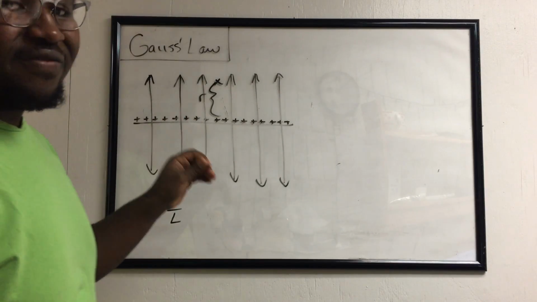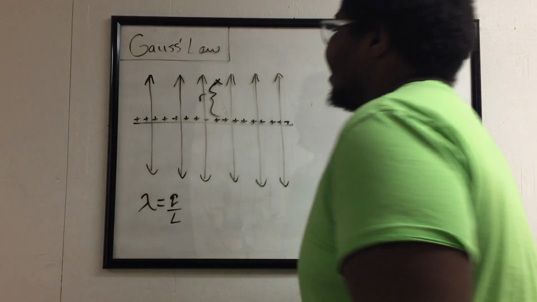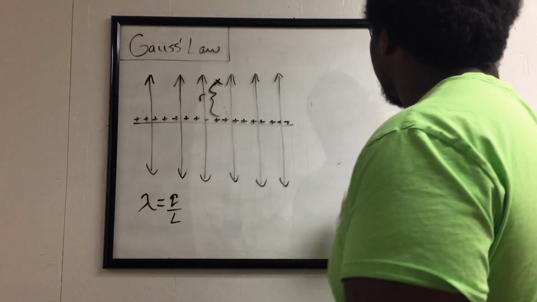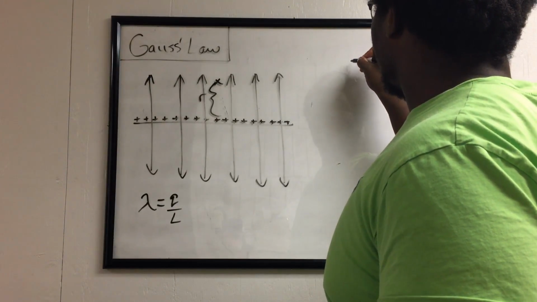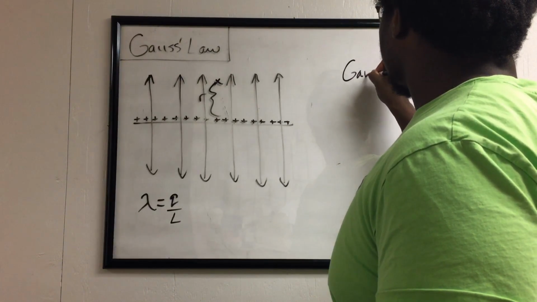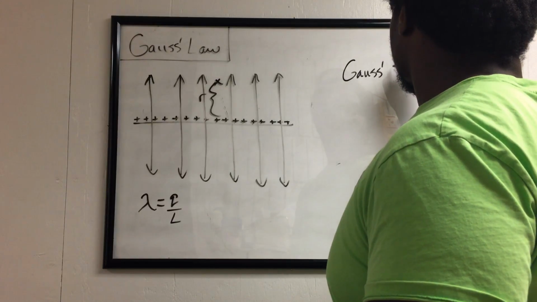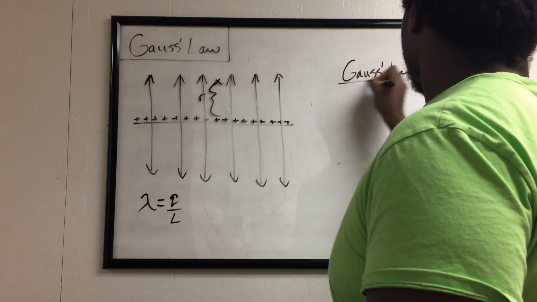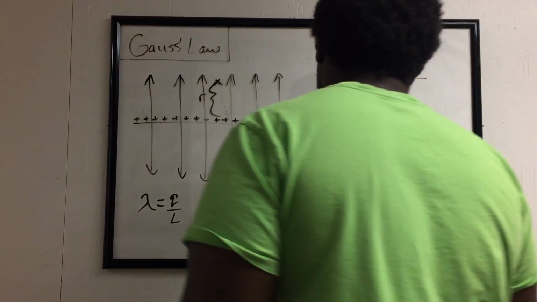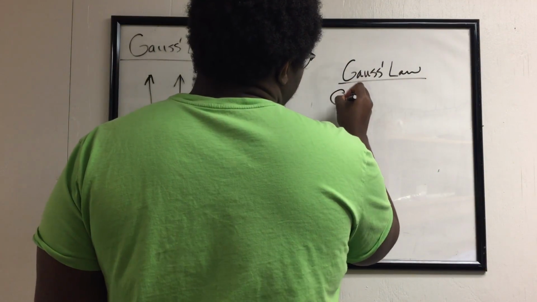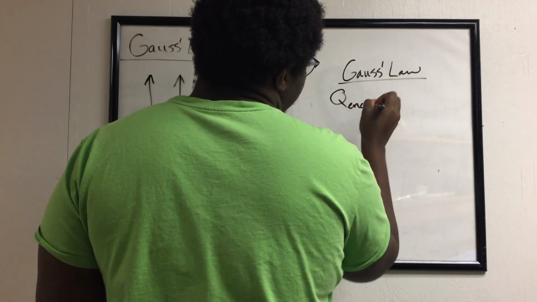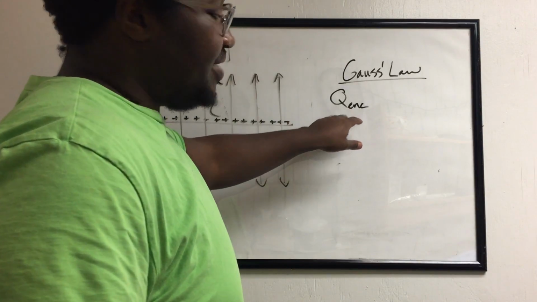So we're going to use the formula that this great guy came up with. It's denoted by Gauss's law. Q enclosed, so that's Q and the subscript means enclosed.